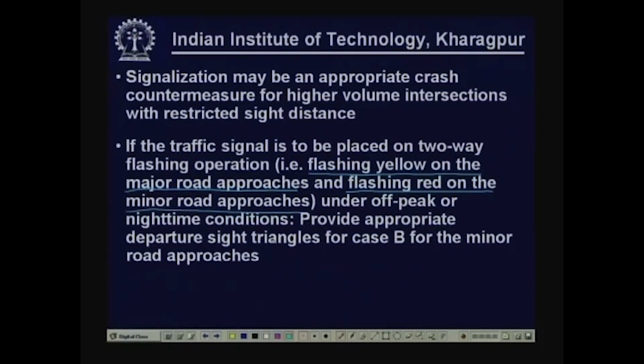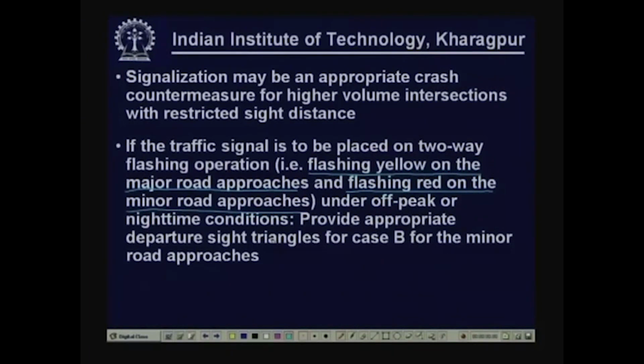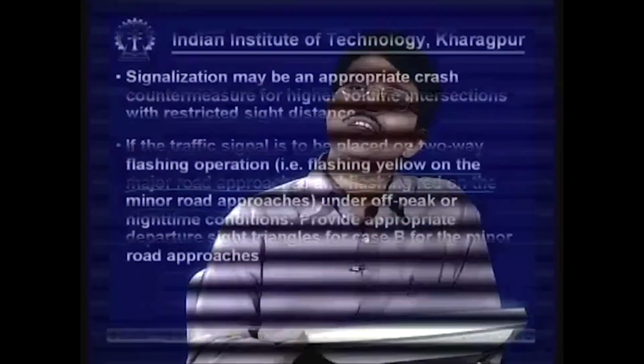If this is the operating condition, then it is necessary to provide appropriate departure side triangles for case B for the minor road approaches, because vehicle may stop.